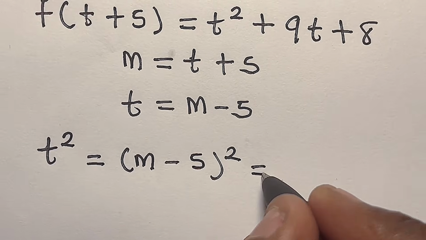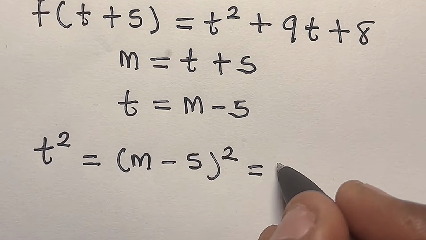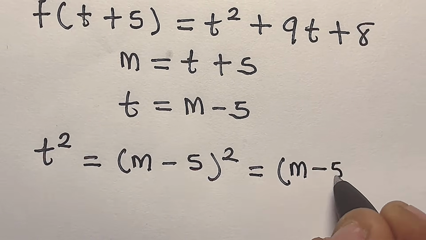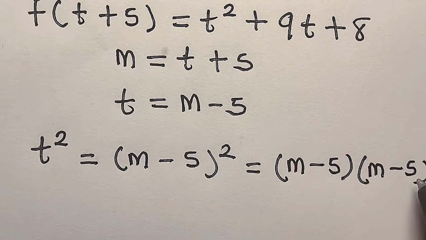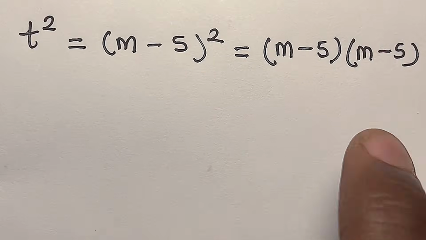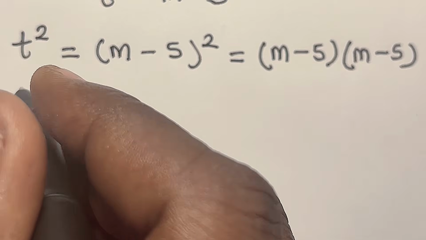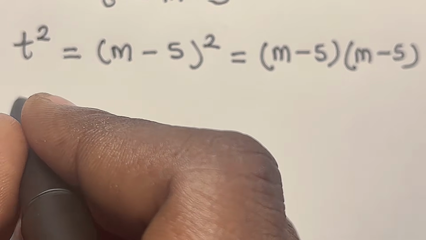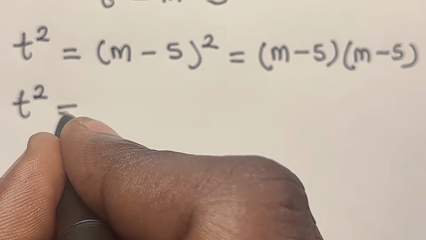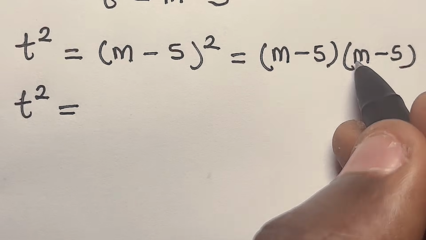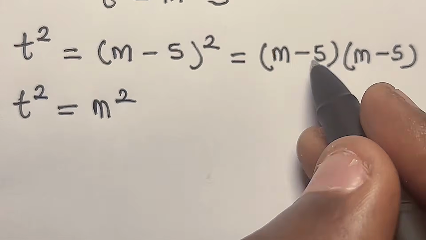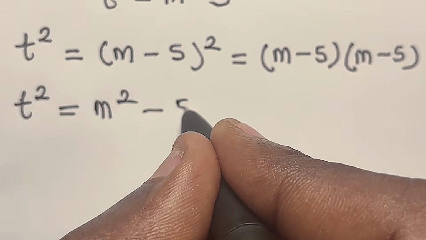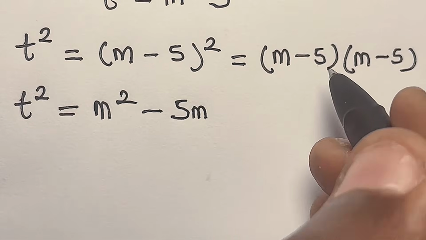And we know that m minus 5 squared means m minus 5 times m minus 5, right? So we will have t squared equals, let's expand this. We have m times m, we will have m squared, minus 5 times m, that is minus 5m, right?